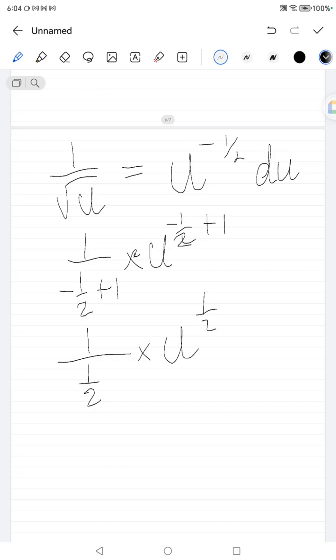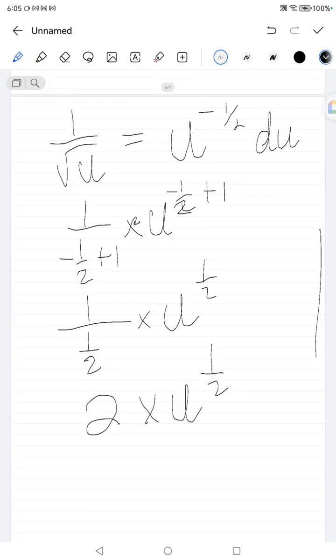Then as I said, if you have 1 divided by 1 over 2, this is the same as having 1 multiplied by 2 over 1. So on this side you're going to be having 2 multiplied by u to the exponent 1 over 2.